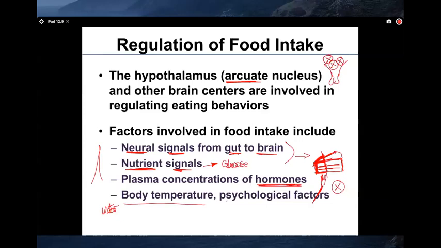Also, definitely psychological factors affect food intake. For example, if a person is not feeling well, he will tend to eat more just to get a good feeling as a feedback from the brain to these high sugar levels.